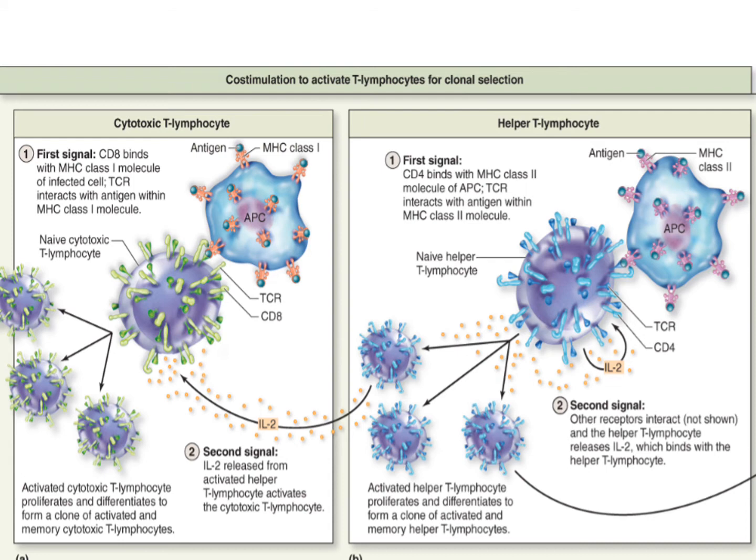So that dendritic cell is going to have an antigen on him. He's going to meet up with a cytotoxic T with his CD8 receptor. And as long as there's linkage, then that's half the battle.